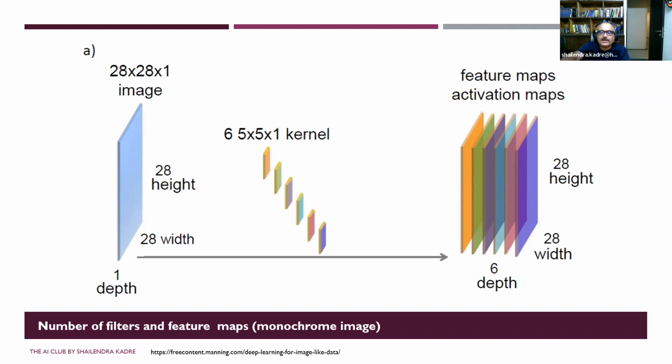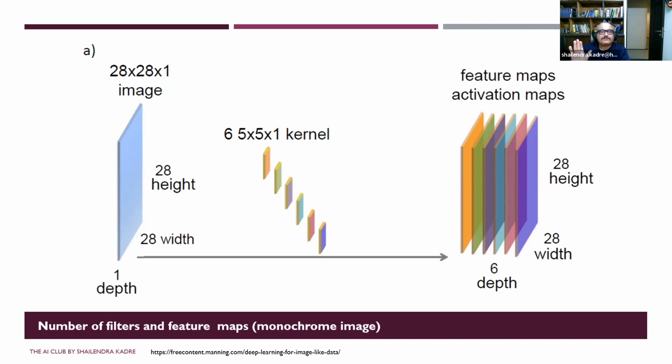Now note down the size of the feature maps. The feature map size shown here is 28 by 28, because maybe in the original image they used some kind of padding, which is usually used. That's why the convolved image and the input image size are the same. But the thing to note here is that there are 6 filters, so there are also 6 feature maps.